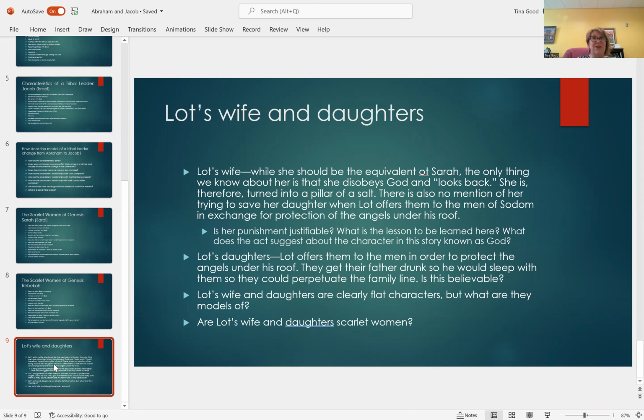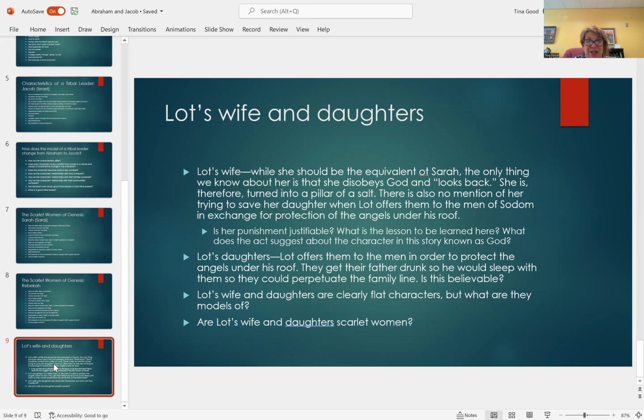And Lot's wife simply turns around when her home is being blown up behind her, and she's immediately turned into a pillar of salt, right? Is that justifiable? And what does this suggest about the character of God? Is Lot's wife a scarlet woman?